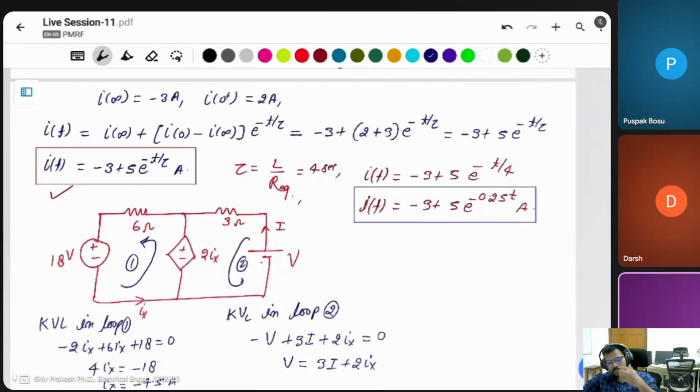But in this question, there is a dependent source. Then first find both the initial current, then the final current, then we have to find the tau after t is equal to 0, taking the circuit after t equal to 0, then find the R equivalent. L by R is the time constant for the inductor case and RC is the time constant for the capacitor case.